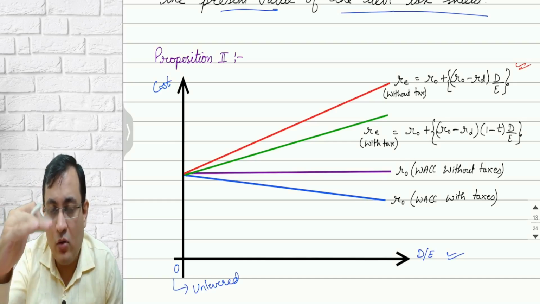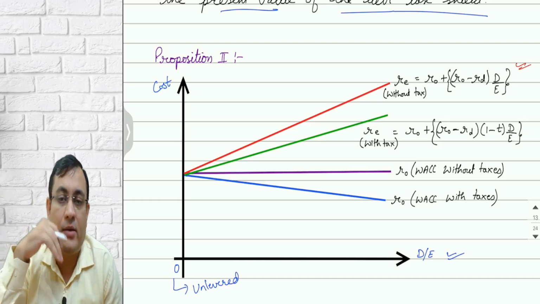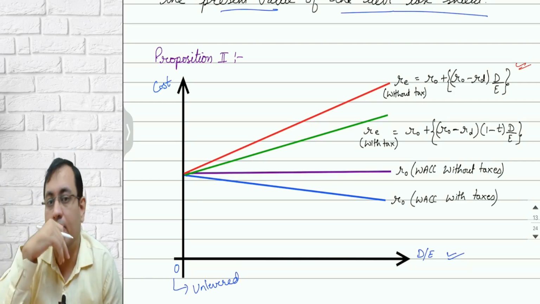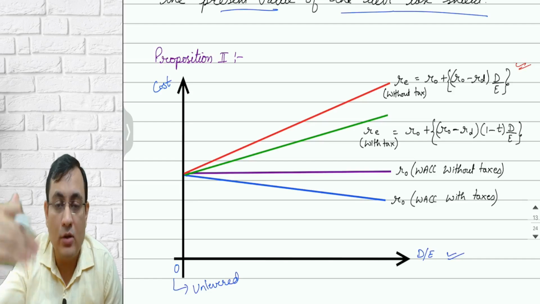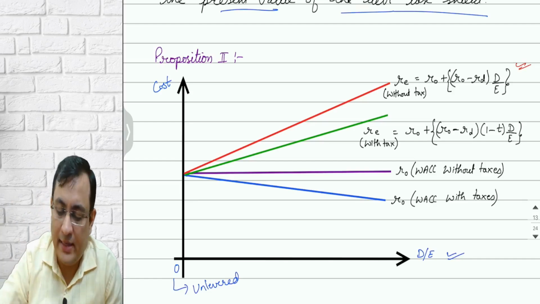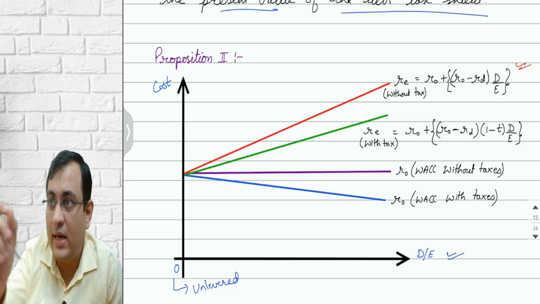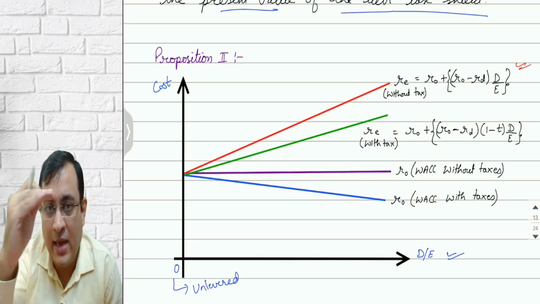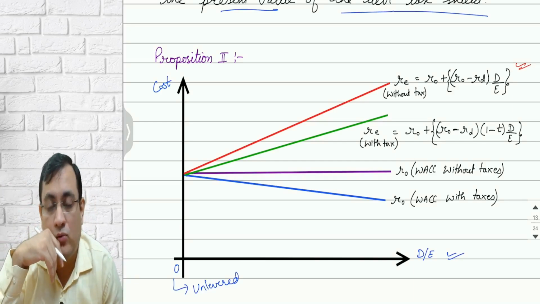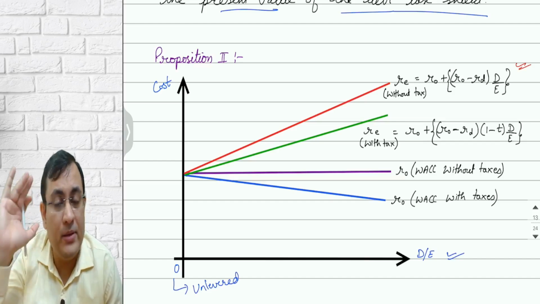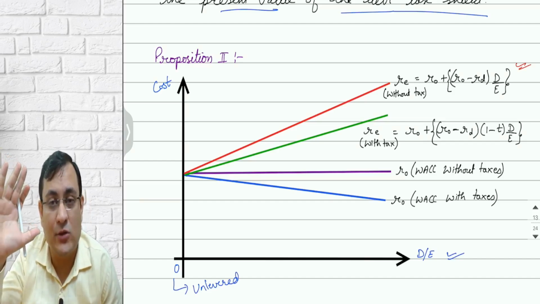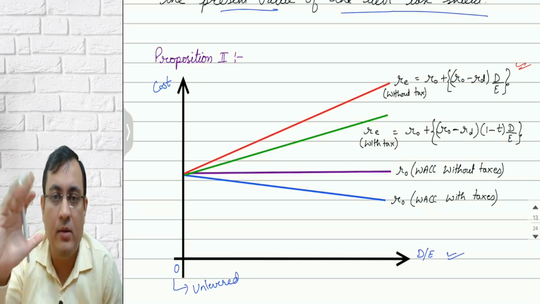So as you increase the weight of debt, your WACC will come down because of the benefit of tax advantage. That is why the blue line, that is WACC with taxes, is sloping left to right downward. But introduction of debt in the capital structure is going to increase the risk of equity holders, so they should be rewarded more.